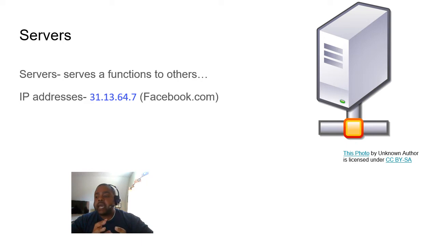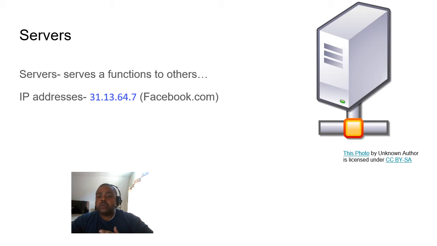It's kind of like having a house address for your own particular device. We have these numbers separated by the 3 dots to represent each device. But again, it's kind of hard for humans to remember those 4 numbers for every different website we want to go to.